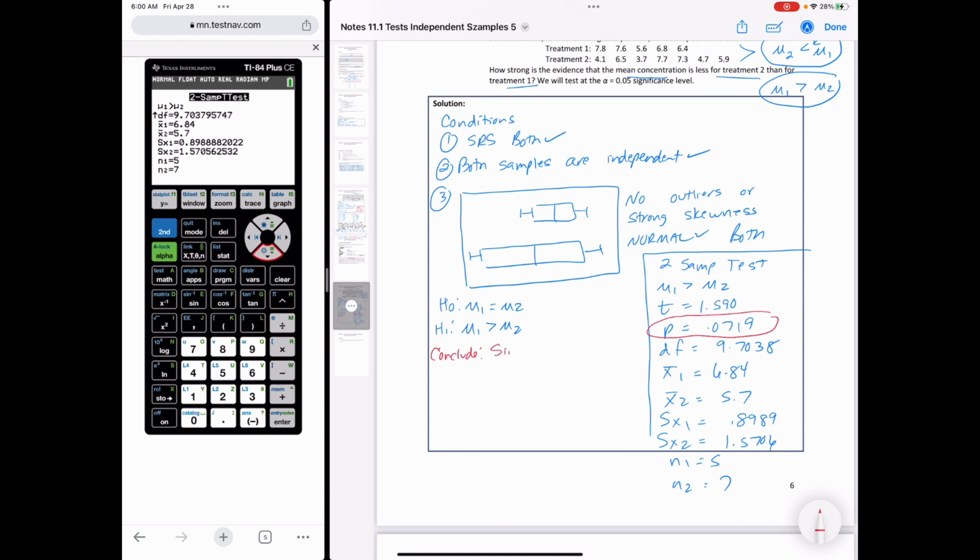I'm going to say since our p-value of 0.0719 is greater than alpha equals 0.05, we will fail to reject HO.